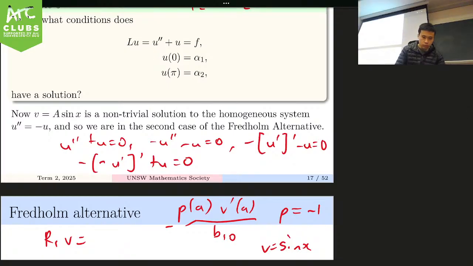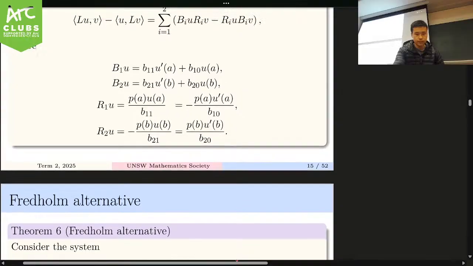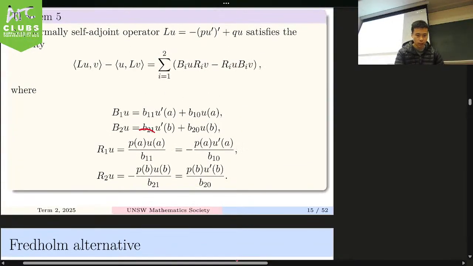So here's the problem, because if we just sub it in, P of A doesn't matter because P is -1 anyway. But if we sub in 0 for sine x, it's going to be 0. I meant the other one, this one here, because you notice that we didn't get any coefficients for u dash.